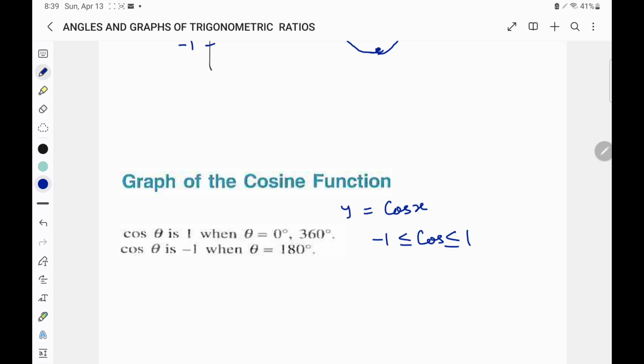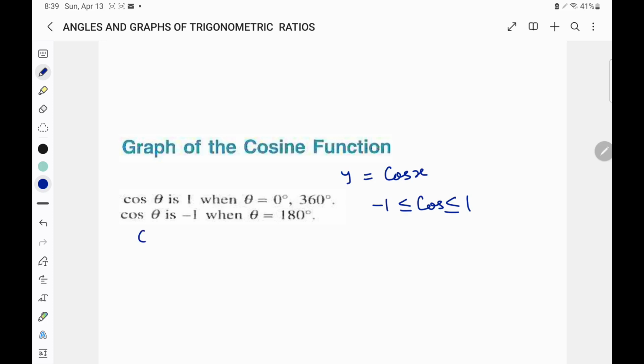And one more thing, cos of theta is 0 when theta is 90 degrees or 270 degrees.